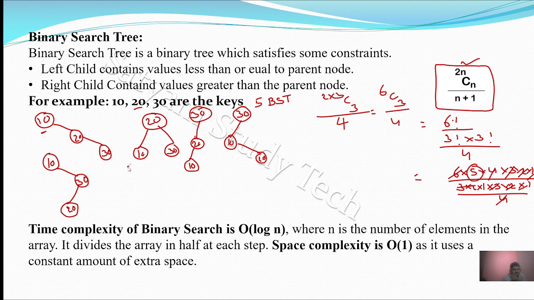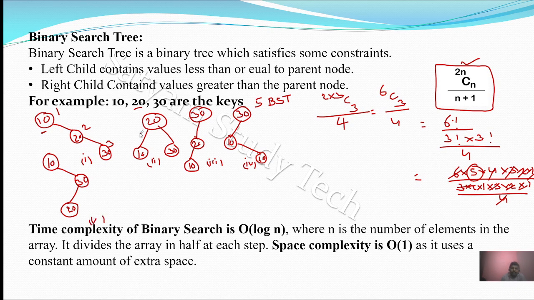So what is the best binary search tree, the optimal binary search tree? How can we find it? For example, if you want to find 10, one comparison is needed. If you want to find 20, it takes one comparison, then two comparisons, then three comparisons. I consider this binary search tree 1, this 2, this 3, this the fourth one and this the fifth one.